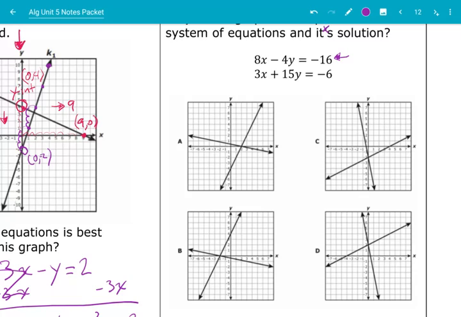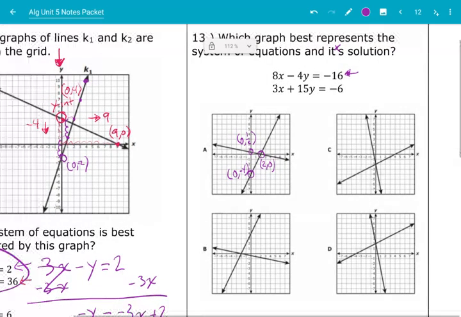Well, we can see their intercepts. This has a y-intercept of about a half. This has a y-intercept of -4. Maybe that's 0, 1/2. And this is 0, -4.